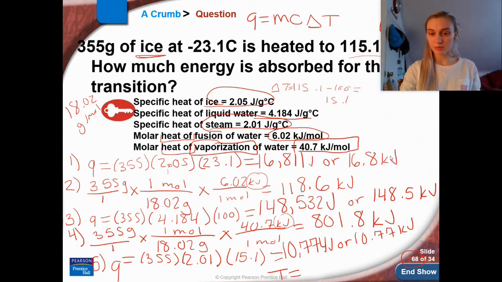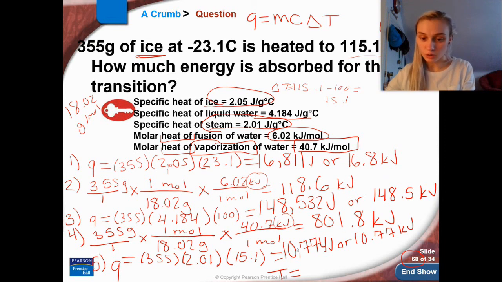So the 60.8 plus 118.6 plus 148.5 plus 801.8 plus 10.8 plus 10.77.